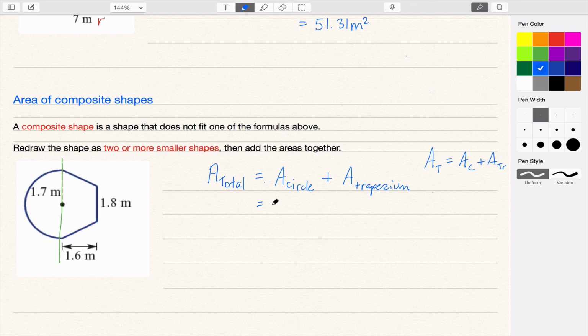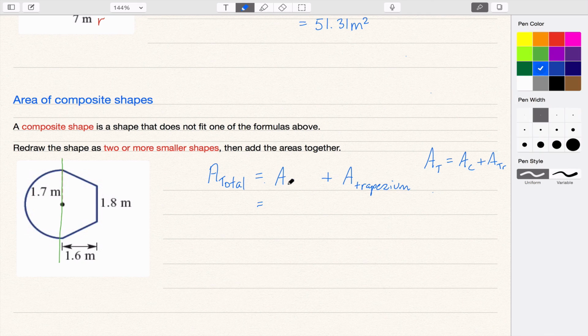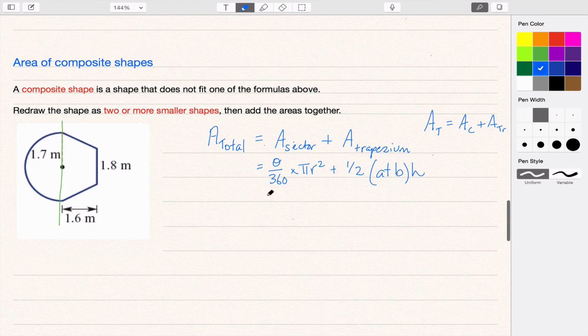So area of a circle, this is actually a semicircle, so it's going to be a sector. Actually, I might rewrite that as a sector. Area of a sector is theta over 360 times pi r squared plus area of a trapezium, which is a half a plus b times h.